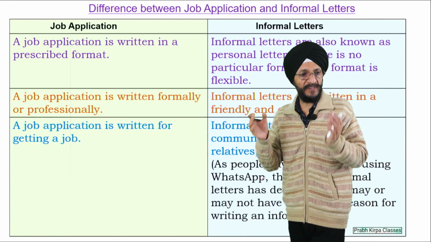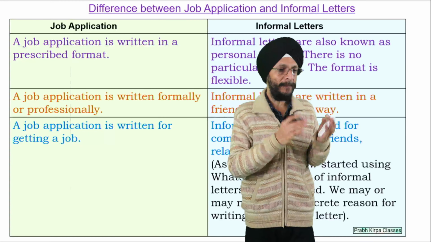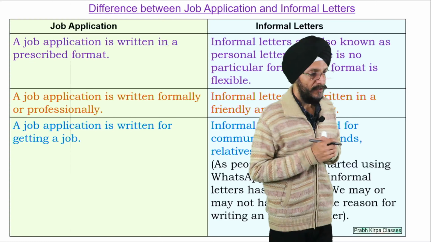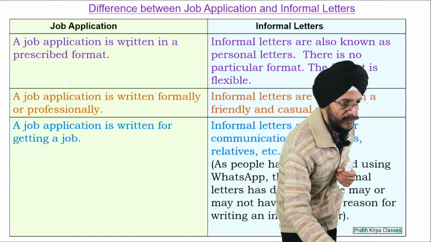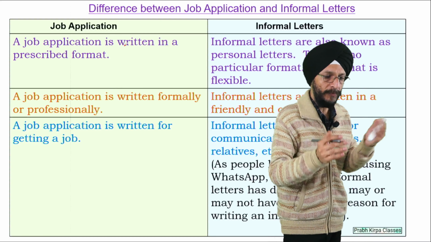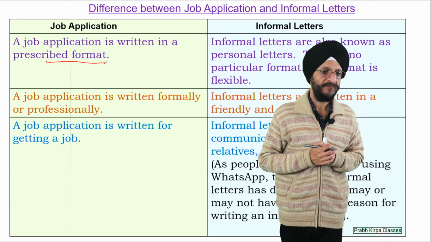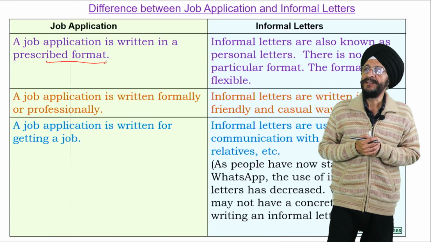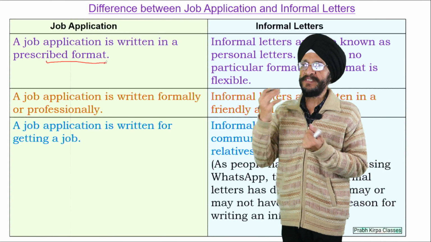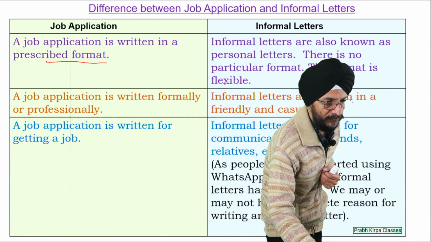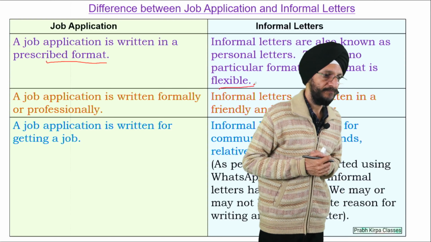Now, what is the difference between a job application and an informal letter? A job application is a type of formal letter and it is written in a prescribed format. On the other hand, informal letters are personal letters and there is no particular format. The format is flexible.